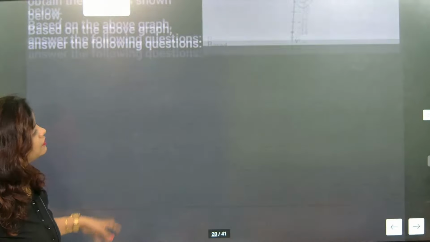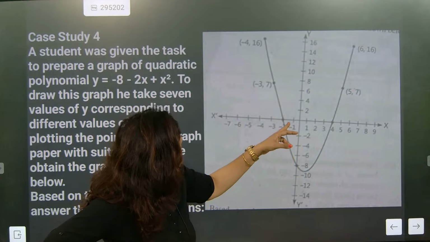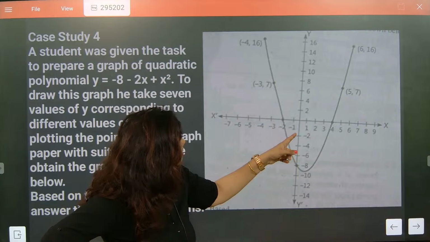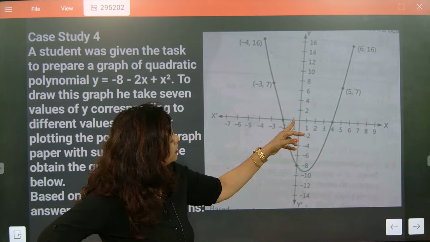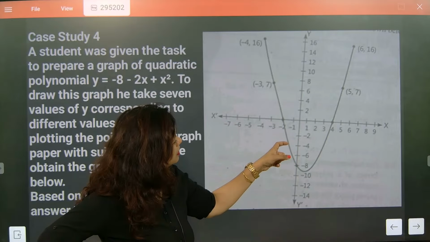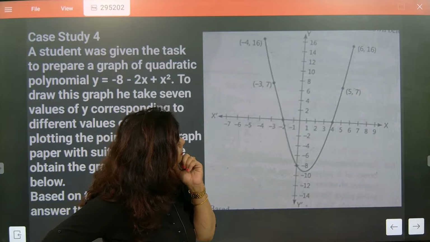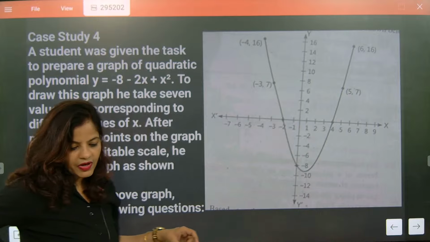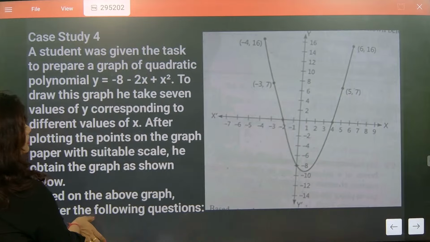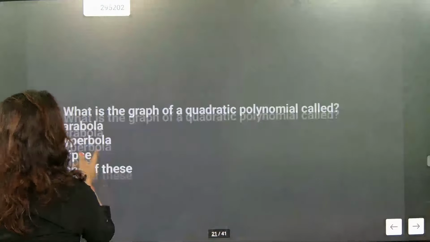Like this only we have to do for minus 1. Let me go through the question one more time.